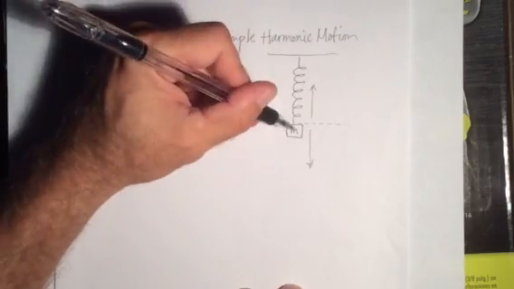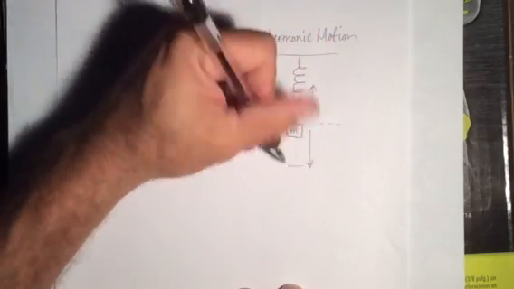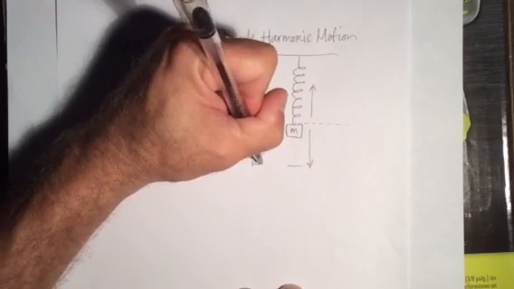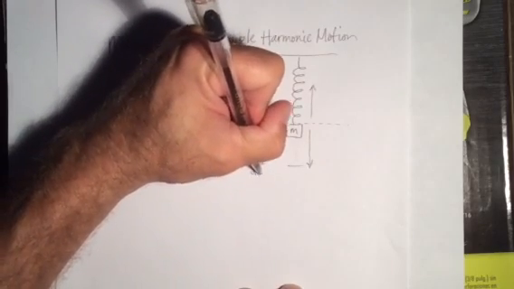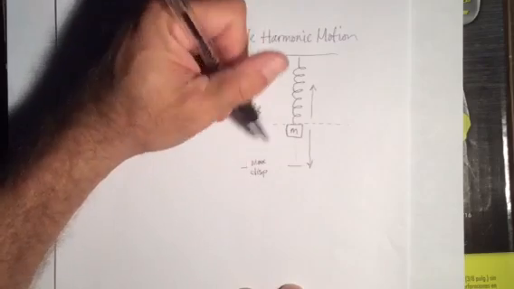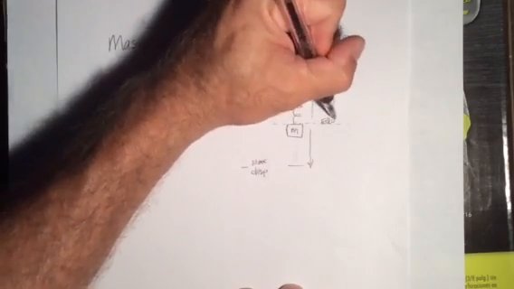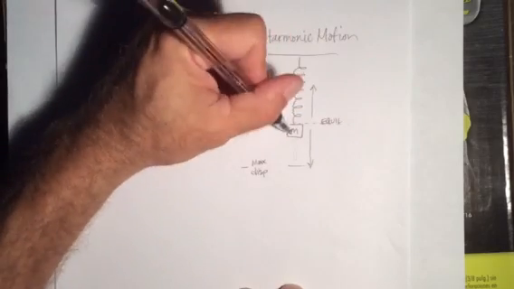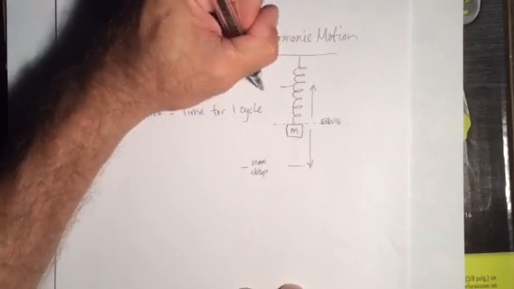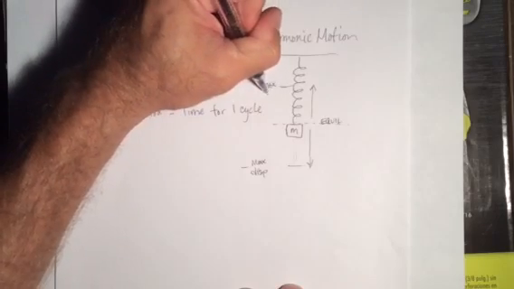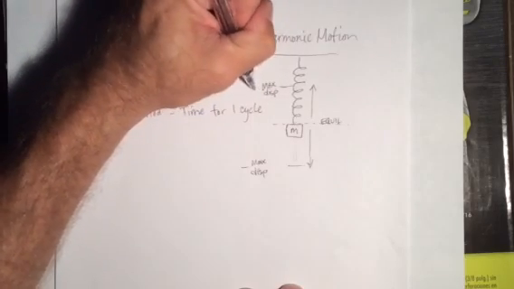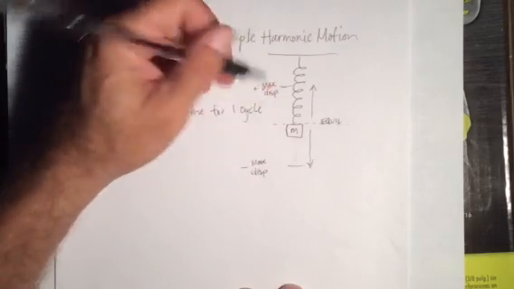And you consider one cycle as if we pull the mass down to its maximum displacement, and we'll call that negative, and it goes through the equilibrium point and passes through and hits its maximum displacement up here, which we're going to call positive maximum displacement.